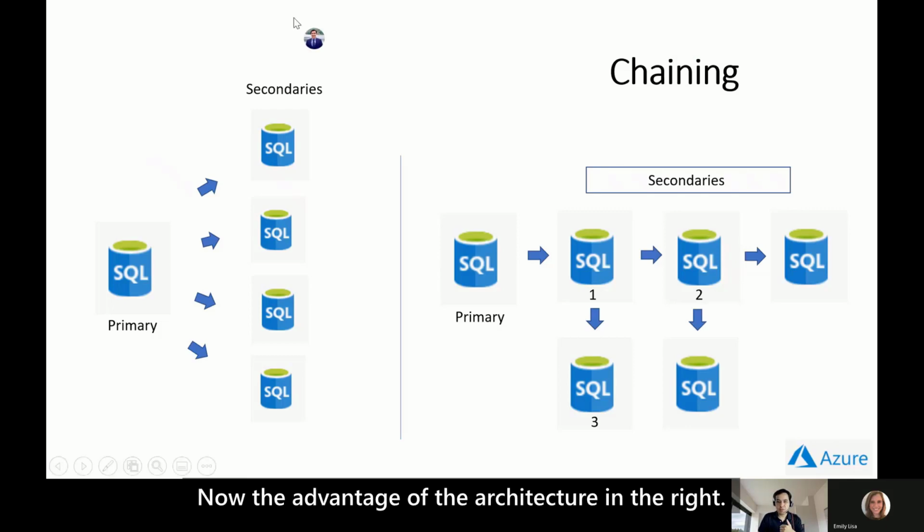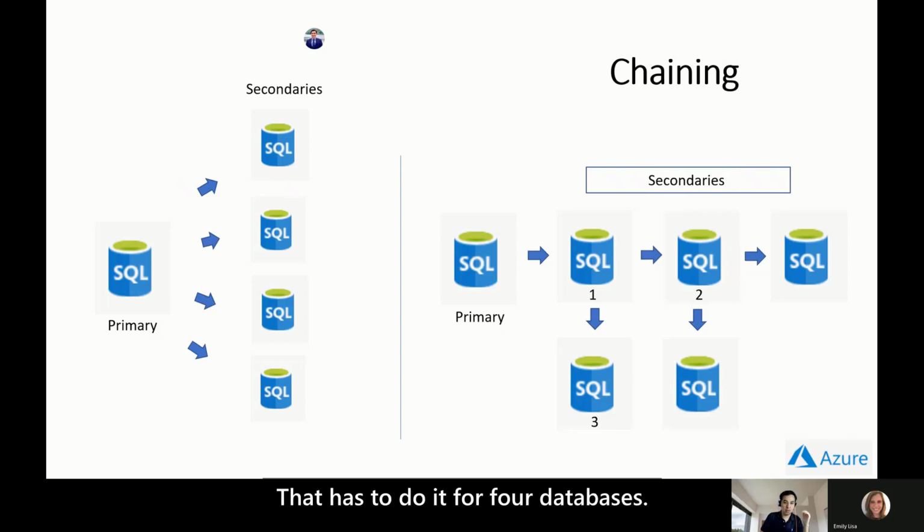Now, the advantage of the architecture on the right, the chaining, is that you reduce the overhead on the primary, because as you can see, the primary only has to use certain memory and compute to replicate to one database, compared to the left architecture that has to do it for 4 databases. The disadvantage of the chaining architecture, of course, is that you increase the lag.